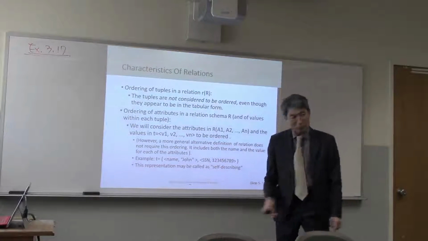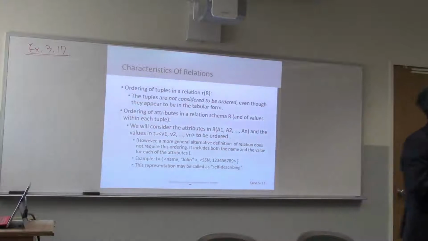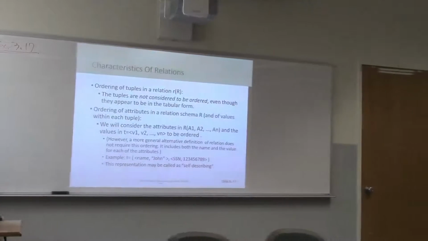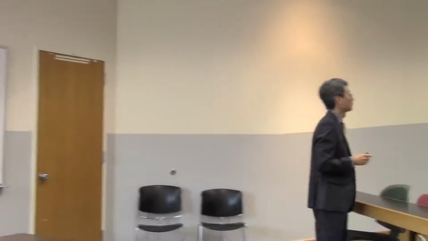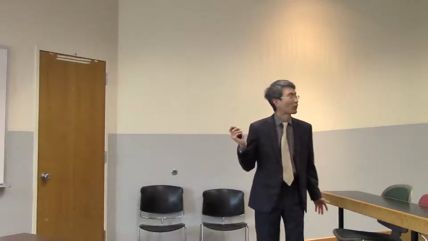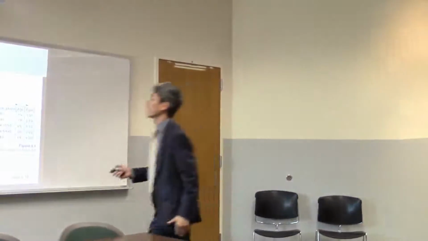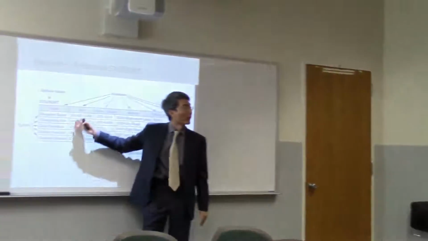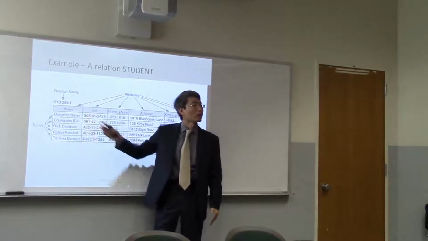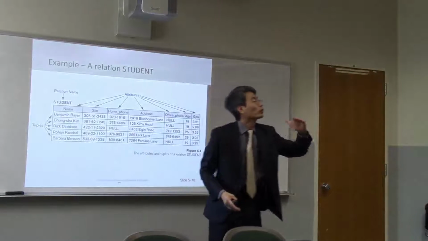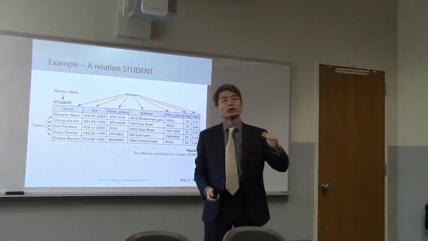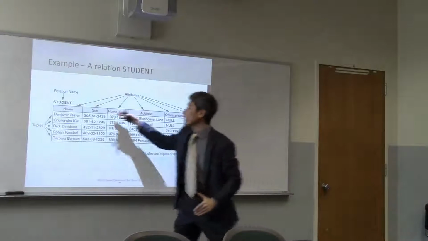So if we assign, for example, IDs to every single row, wouldn't that make it ordered? That's what I'm going to say. Say we have the ID here, the social security number. If we keep the order, what do you need to do whenever you insert data?